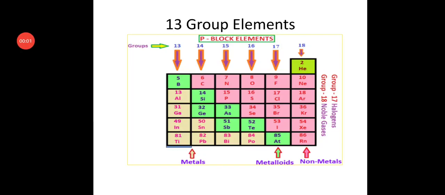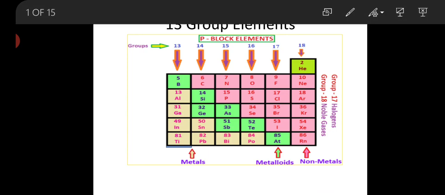Hello friends, welcome. Up till now we have already studied what a p block element is. P block elements are the elements in which the last differentiating electron enters a p orbital, so they are called p block elements.